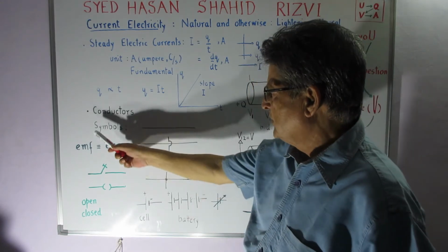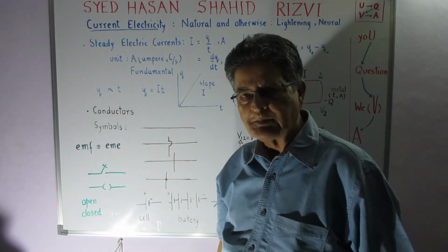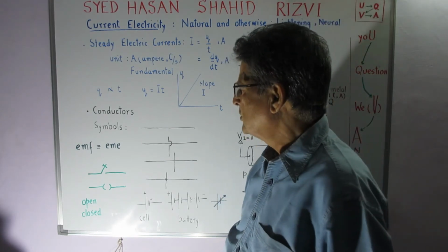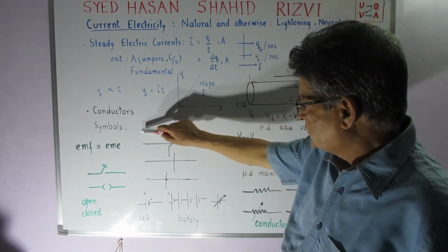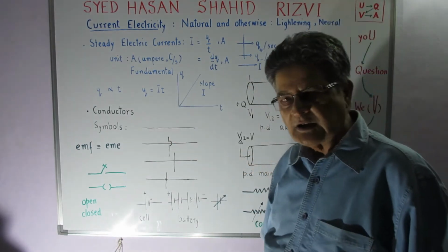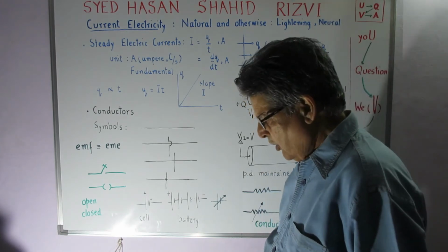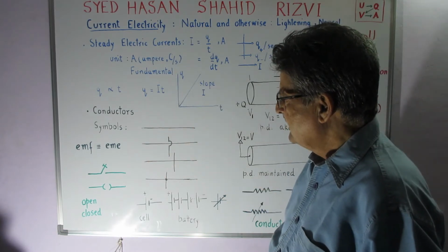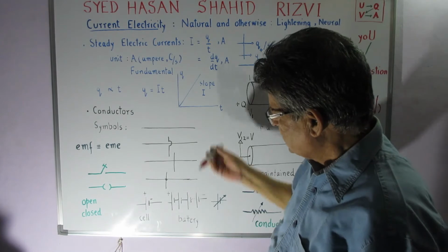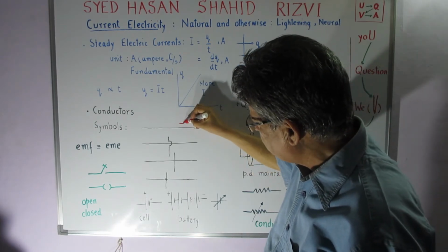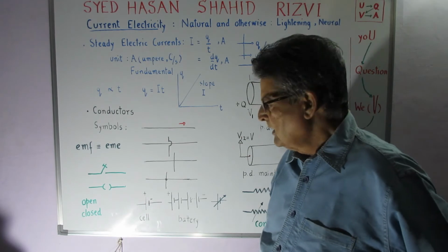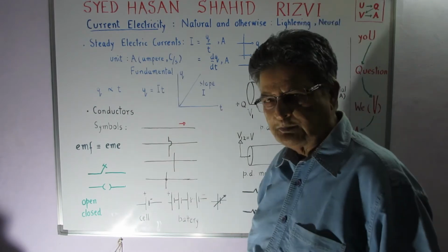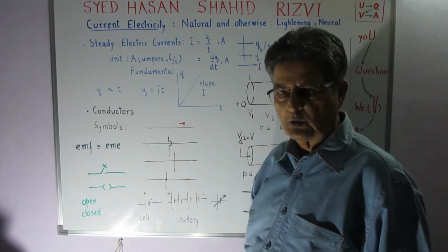Now, let's talk about some symbols that will appear in due course of time when we talk about circuits. I'm not talking about circuits yet. So there are some straight lines like this. These are connectors. Now about the connectors, suppose there is a current passing through it. Then every point on the left should be at a higher potential as compared to a lower potential.